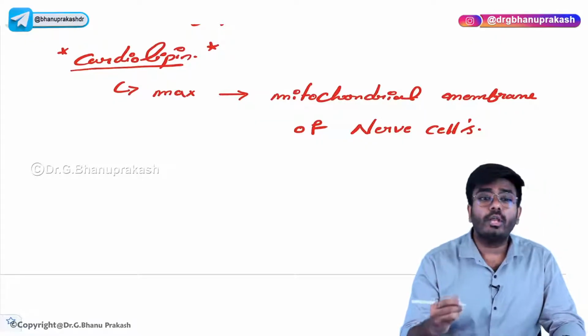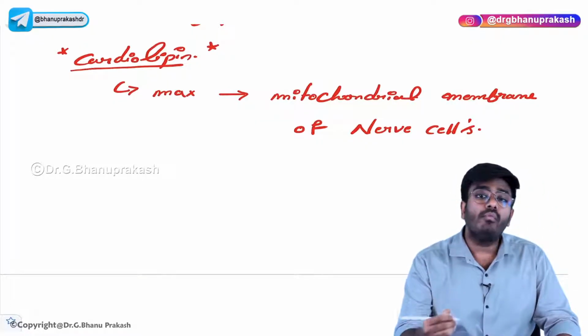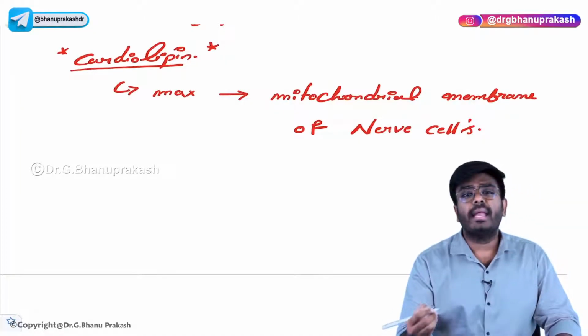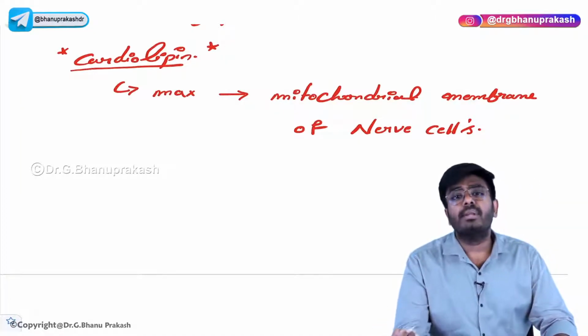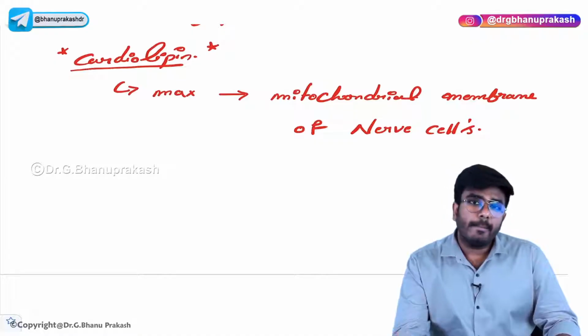Okay, this is an important point. Cardiolipin is abundant in the mitochondria of nerve cells, and anti-cardiolipin antibodies are seen in syphilis as well as APLA syndrome, and also they are seen in lupus.